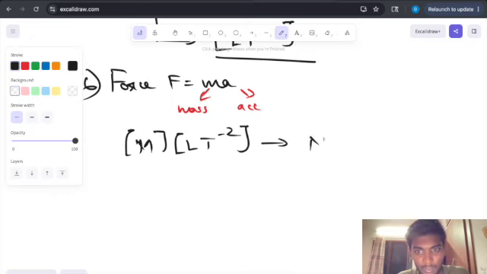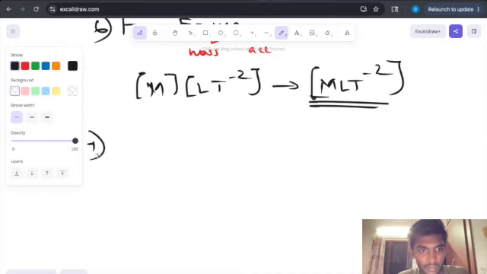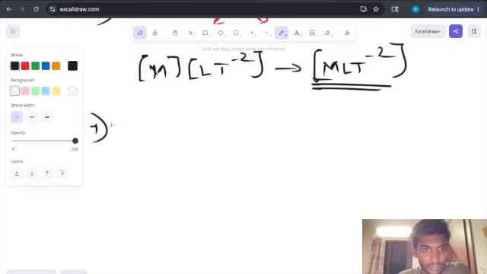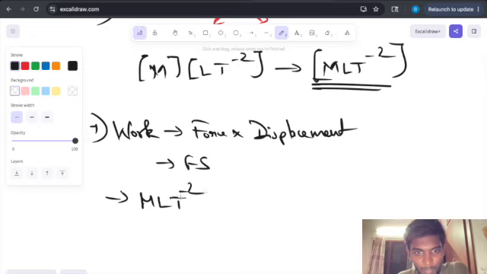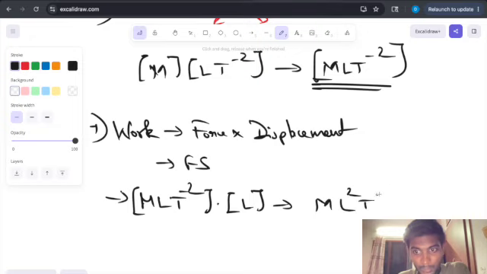So this gives me MLT minus 2 as the dimension of force. Next we have work. Work is force into displacement, which is Fs. I know force is MLT to the power minus 2, and displacement is a measurement of length. So from this I get ML square T to the power of minus 2.